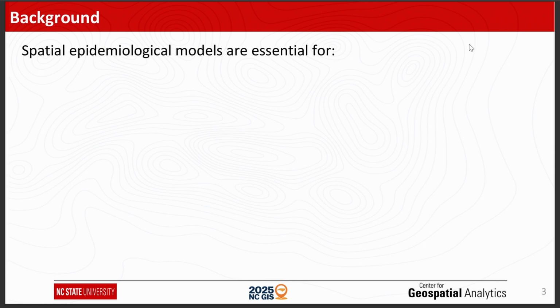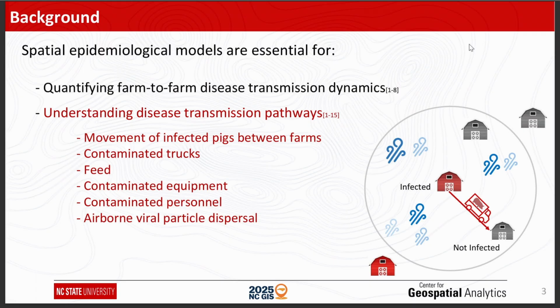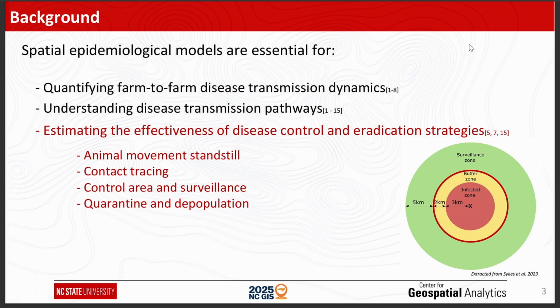These models are essential for quantifying farm-to-farm transmission dynamics, understanding disease transmission pathways, so the movement of infected animals from farm to farm, contaminated trucks, contaminated personnel, and airborne viral particle dispersal. They're also useful for estimating disease control and eradication strategies, establishing movement standstills and perimeters around infected farms to control the outbreaks.